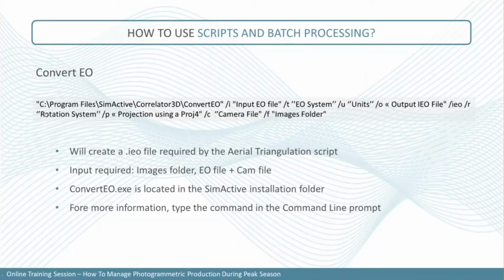The rotation system, such as roll pitch yaw or omega phi kappa. And also the projection system, and here the EO system was probably longitude, latitude, or easting and northing. Finally, you will need the camera file and also a directory that points to your images.